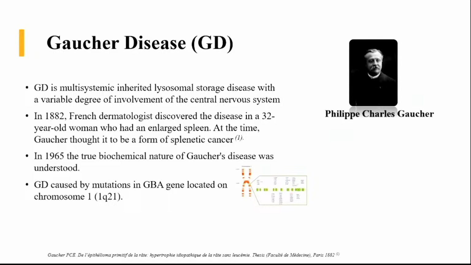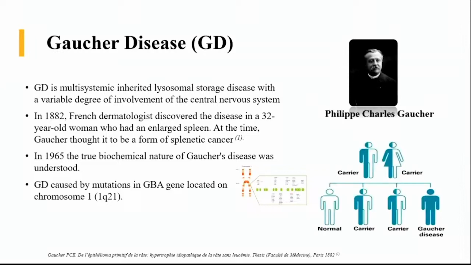Later on, in 1965, the true biochemical nature of Gaucher disease was understood. A mutation in the GBA gene, which is located on the long arm of chromosome 1, causes Gaucher disease. This disease is an autosomal recessive inherited disorder.